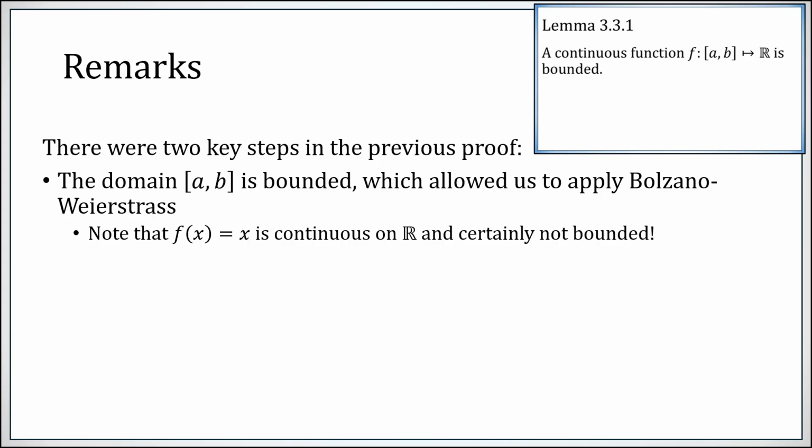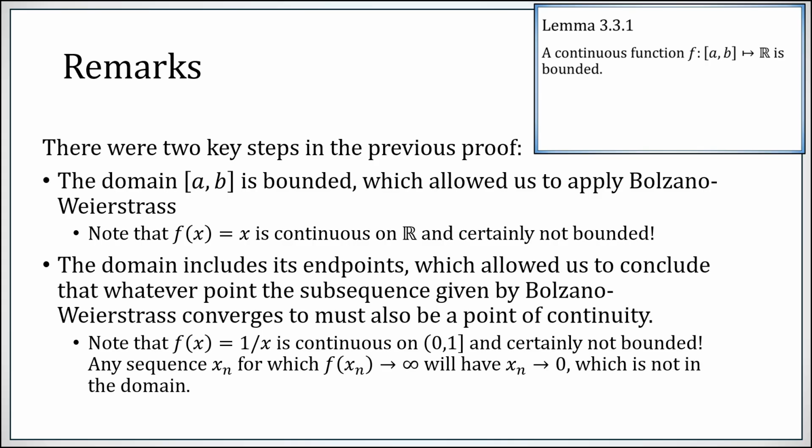So we definitely want the domain to be bounded, but we also need to include the endpoints. At a certain step, we had x_n belonged to the domain, therefore we went to Bolzano-Weierstrass, and then we said the limit of the subsequence Bolzano-Weierstrass gives us is also in between a and b. However, if the domain didn't include a and b, the sequence converging to a point might actually converge to such an endpoint.